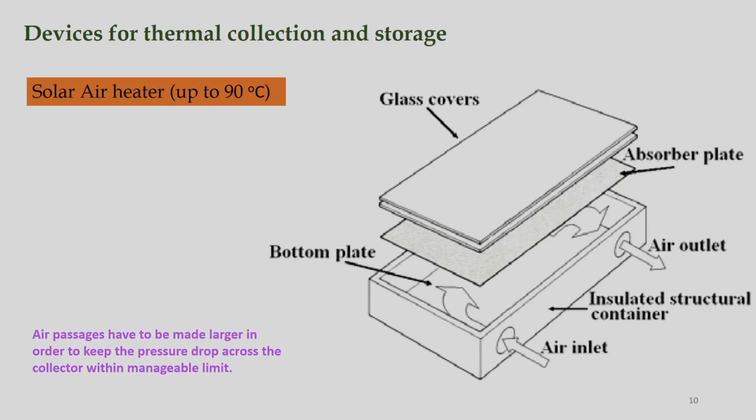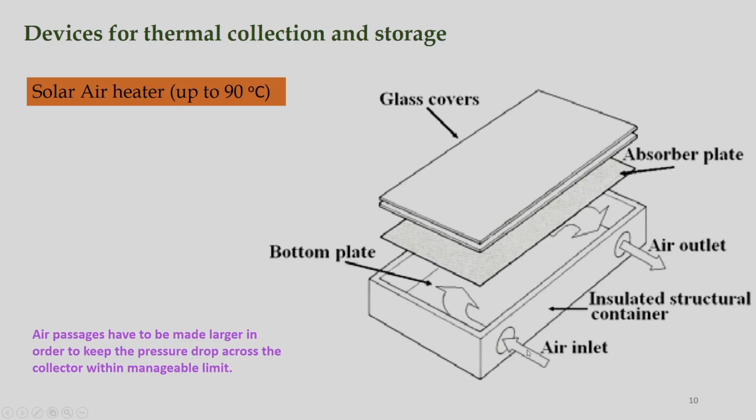Now, come to the solar air heaters, because they have plenty of applications for drying of agricultural products and drying of some essential products, all can be done by using solar air heaters. This configuration is similar to liquid flat plate collectors, and the only difference here is the heat transfer fluid.